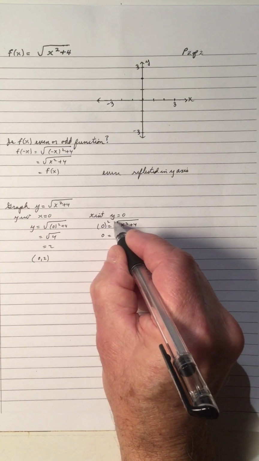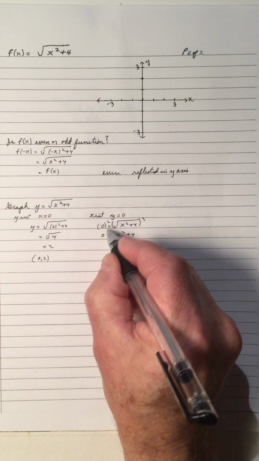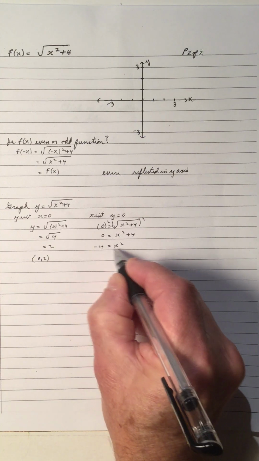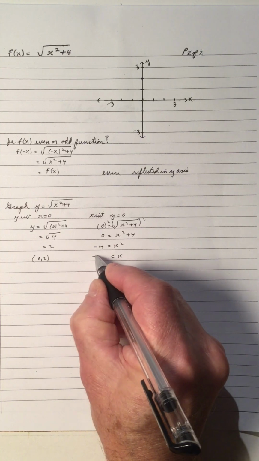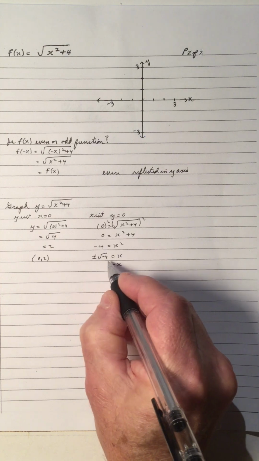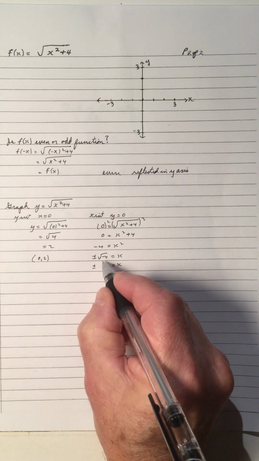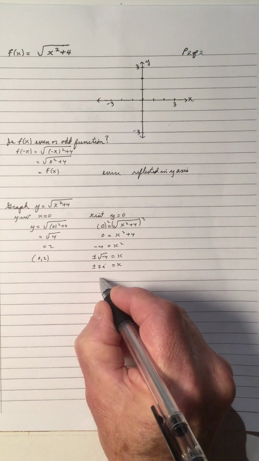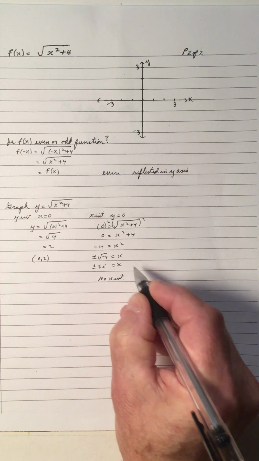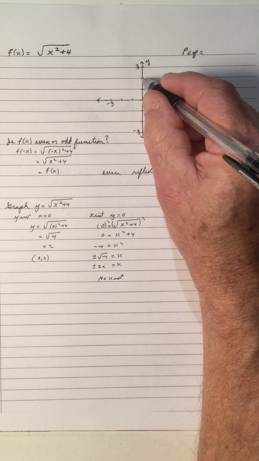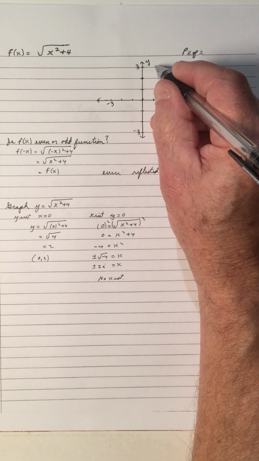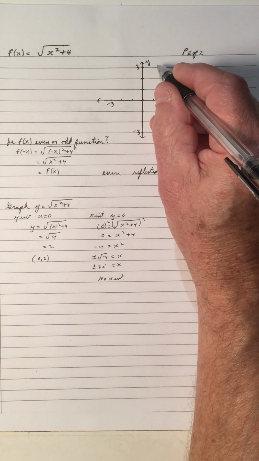So x squared equals negative 4 and x equals plus or minus the square root of negative 4. So that means that's 2i, an imaginary number. So there's no x-intercepts in this graph. So this graph will not cut through the x-axis. It'll stay up here. And that's interesting.